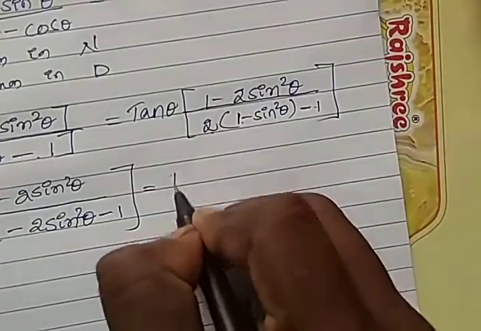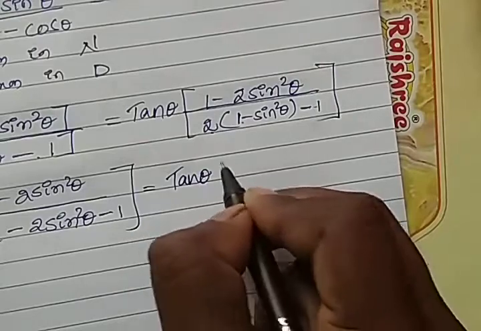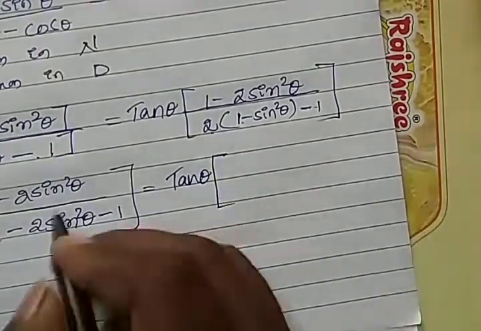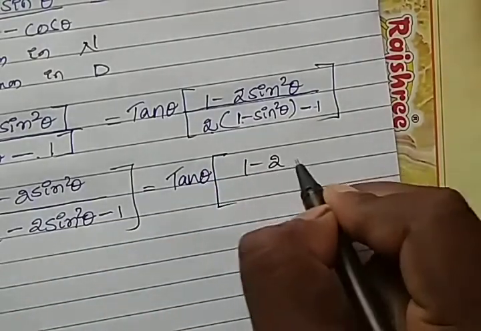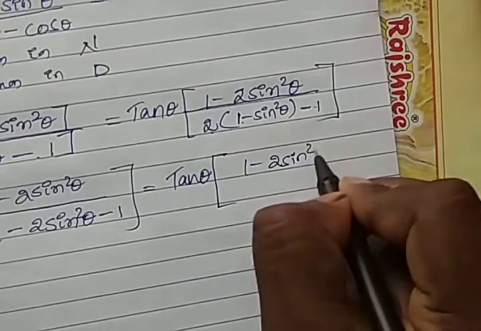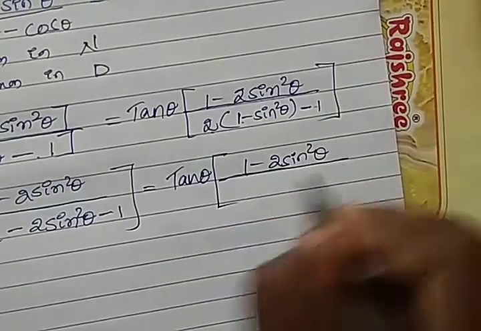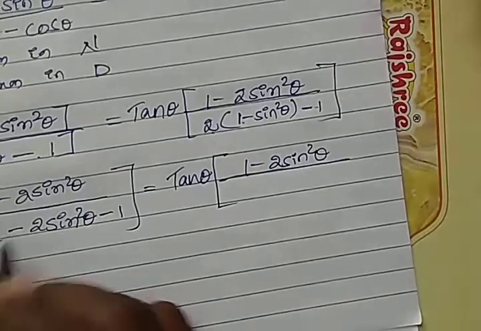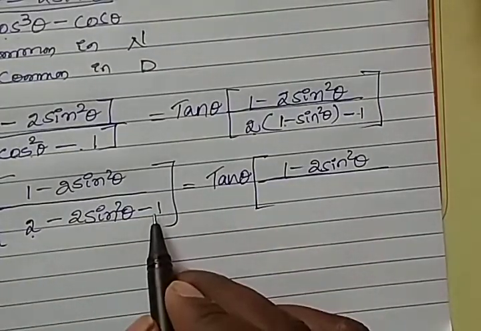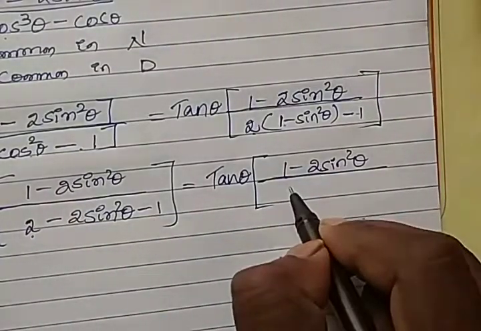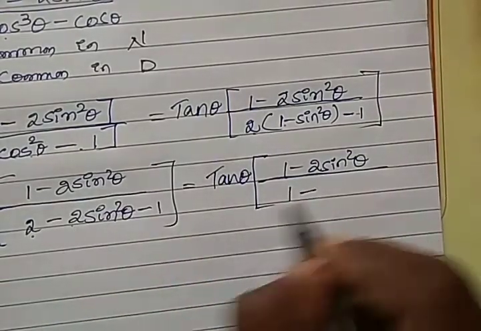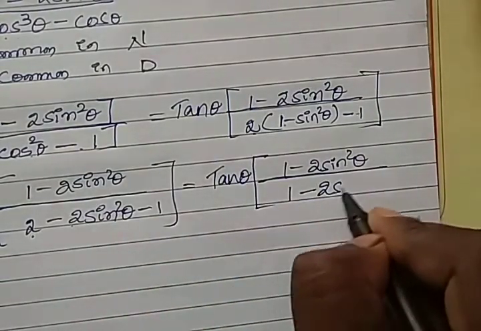Equal to tan theta into 1 minus 2 sin square theta by, now here 2 is a number, 1 is also a number, 2 minus 1 is 1, minus 2 into sin square theta.